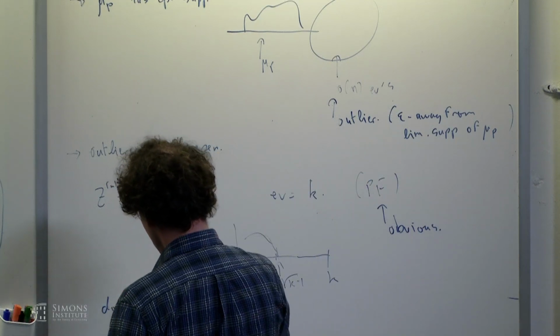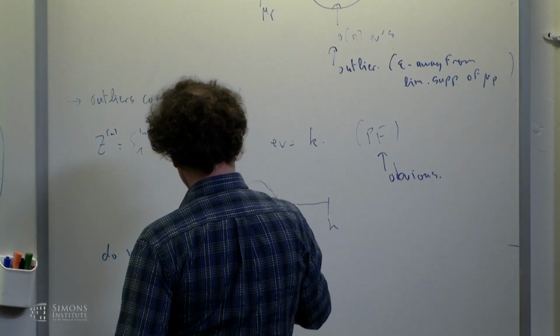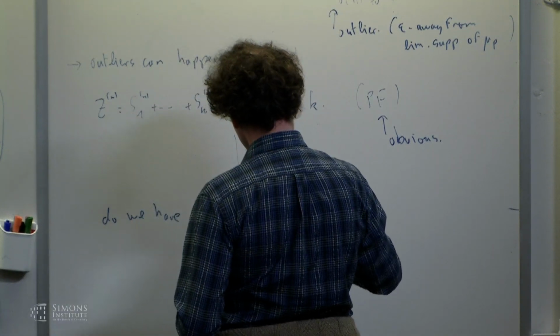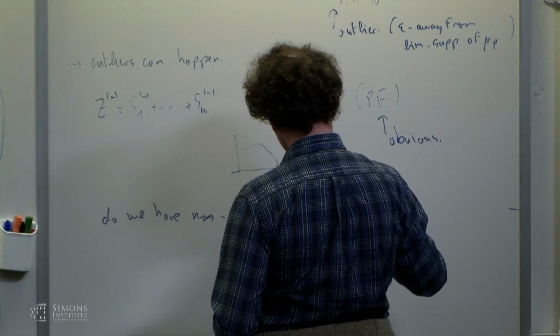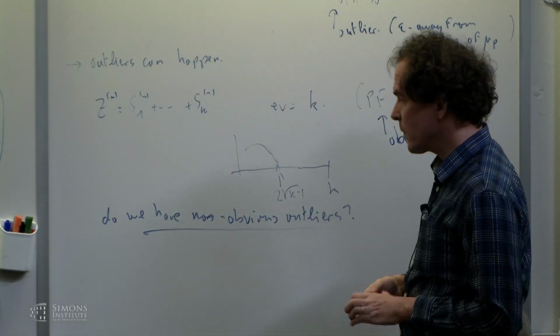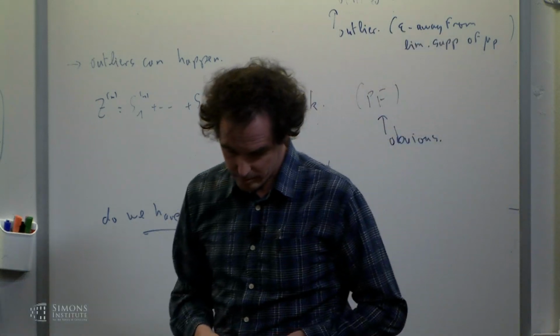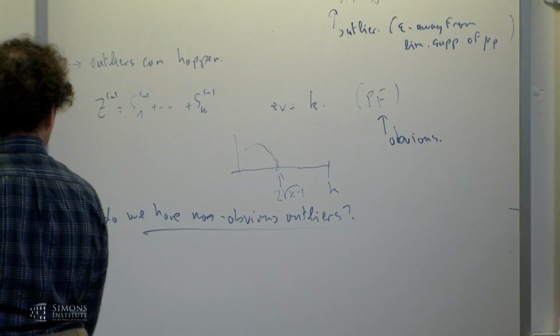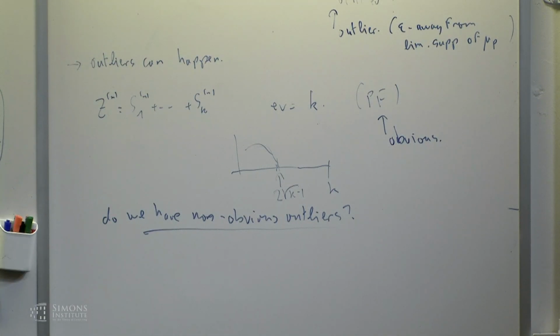And basically, our theorem says that we don't have non-obvious outliers. So let me just state the theorem.